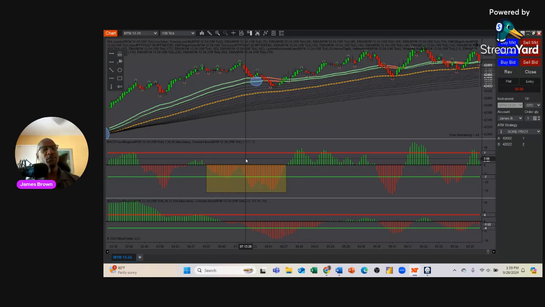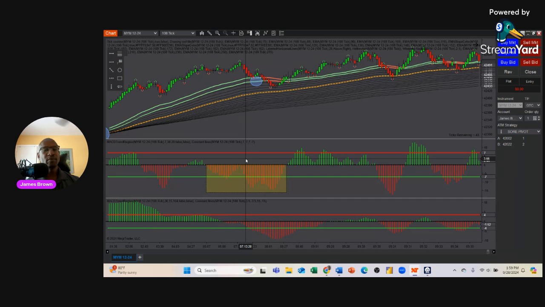Let me review. The 50 and the 292 have crossed to the upside. We have now waited, and number 2, it has touched the 50 moving average as a minimum. It has to touch, bounce, do something, but it can't be out in outer space. At bare minimum, it has to touch. We then look down to the quick MACD and see if it dropped below zero.